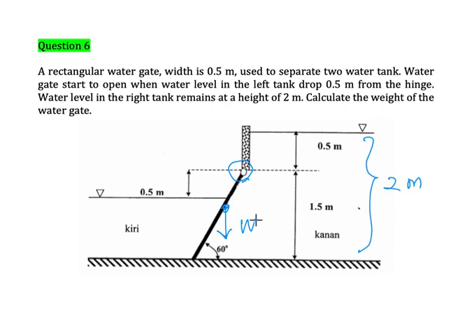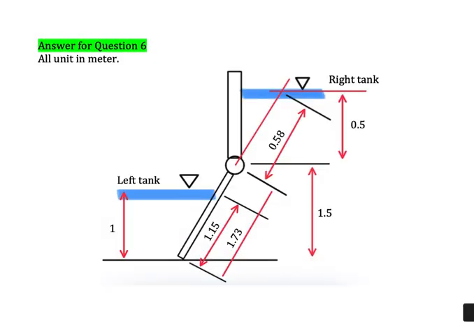So here we have two liquids, both of them water, on two sides that share one plate here. And then we could draw all the distances in this situation.